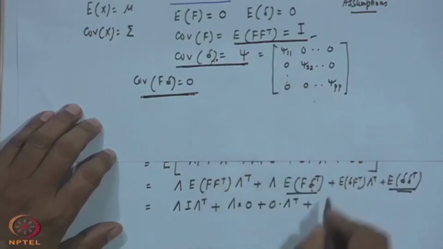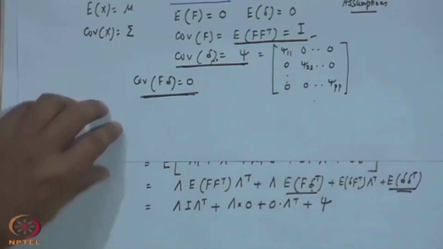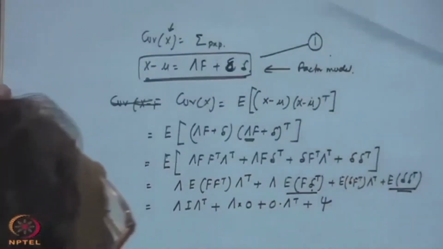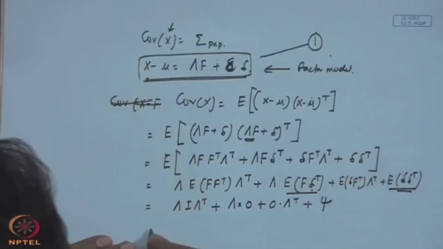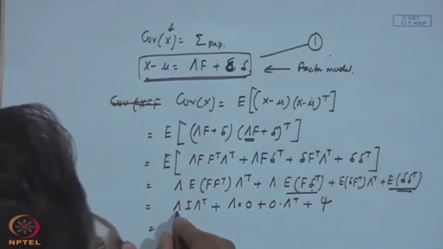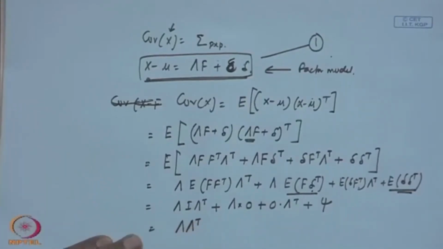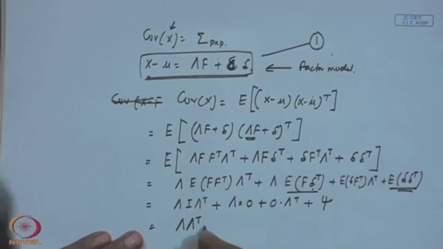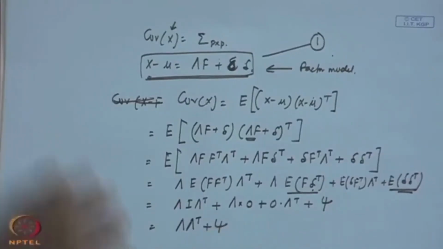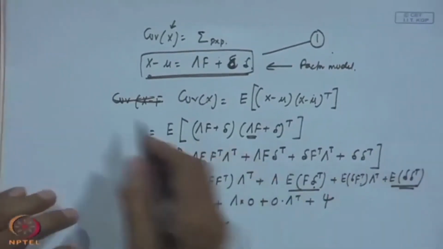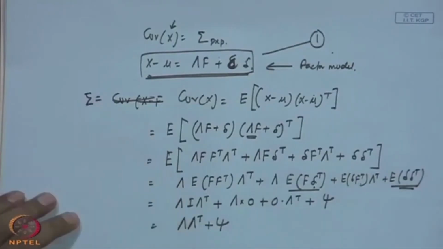So, this is psi. So, then what is happening to the resultant matrix now? Capital lambda I lambda transpose plus psi. What is this? This is your sigma value.